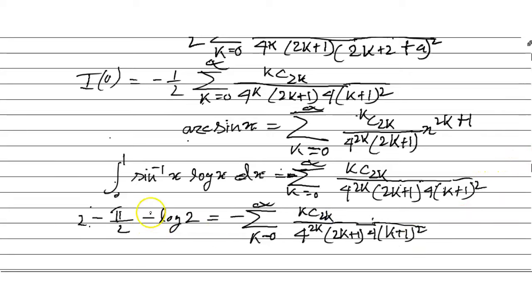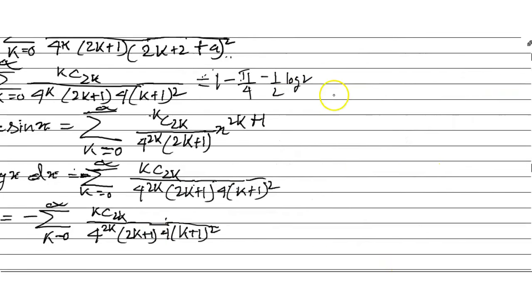So this is the value. Friends, this value I shall prove in my next problem. So whatever I get the value is 1 minus pi by 4 minus half log 2. This is my answer.